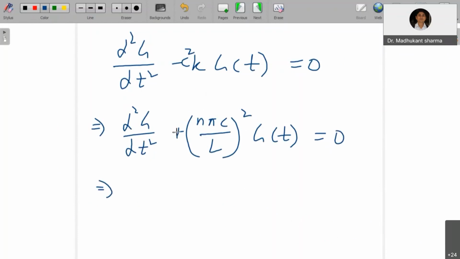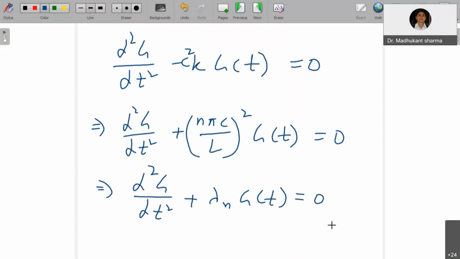Now let's call this lambda n. So I'm going to denote it by d square g by dt square plus lambda n times g of t equals 0. Lambda n square you can also write. Lambda n equals n pi c by L.